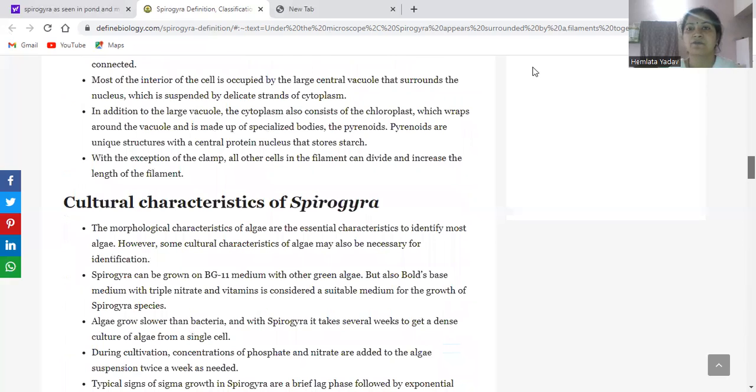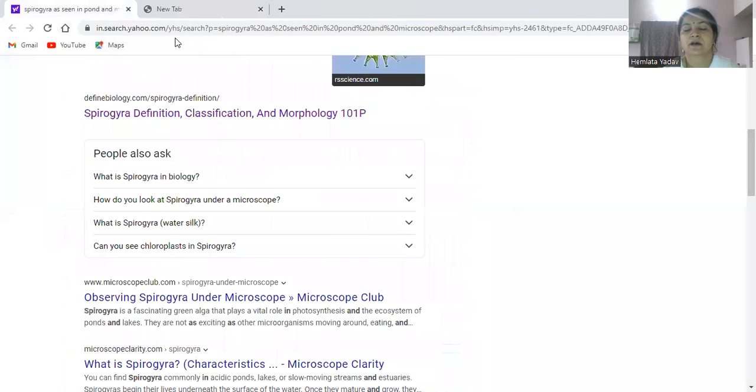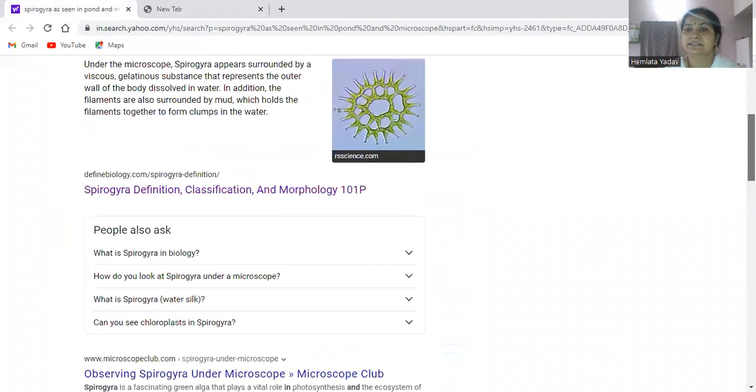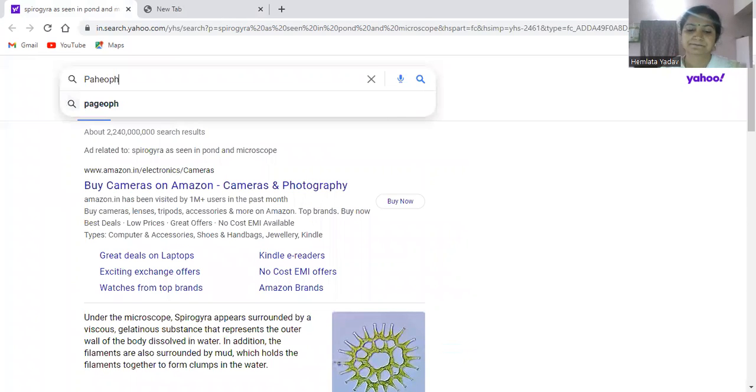And now we will move to red algae, because we have discussed the green algae. Now there are three subdivisions in the Thallophyta. One we have studied, that is green, the Chlorophyceae member. Now we will study the Phaeophyceae member.